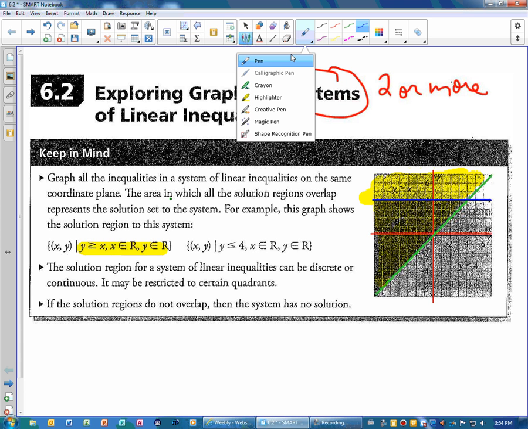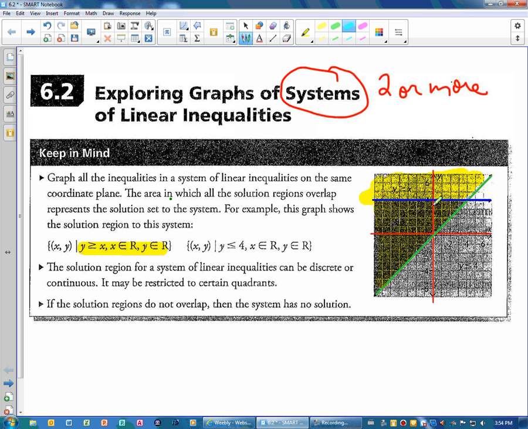I'm going to take a different color of highlighter and shade everything underneath, because any y underneath the line will satisfy y is less than or equal to 4. It's a solid line because it's less than or equal, and I can shade because it's in the set of real numbers R.